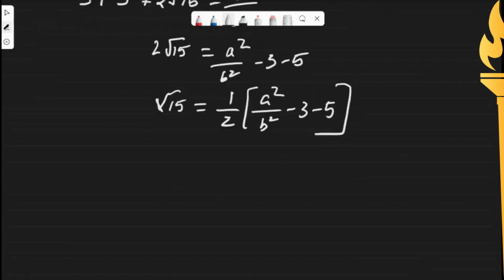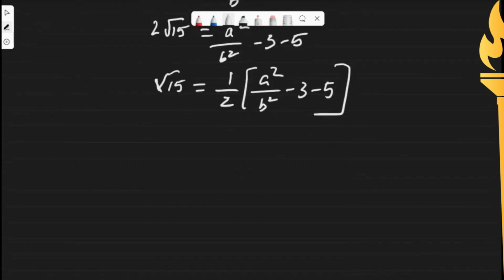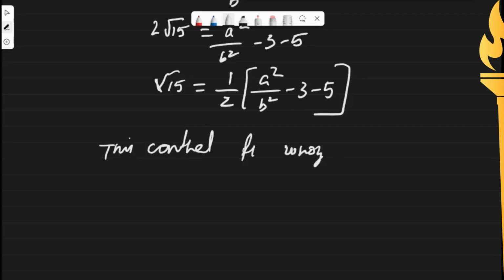Similar to the above sums, we are going to write here 2, a, b, 3 and 5 are all integers and hence rational numbers. And root 15 is irrational. An irrational number cannot be equal to a rational number. This contradiction arises from our wrong assumption. Therefore, root 3 plus root 5 is an irrational number.